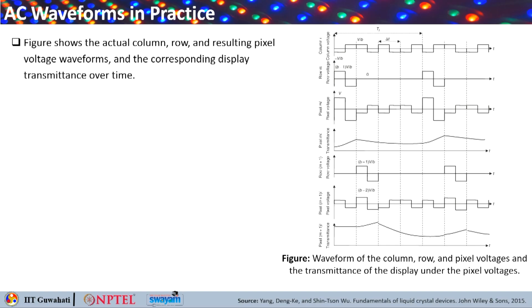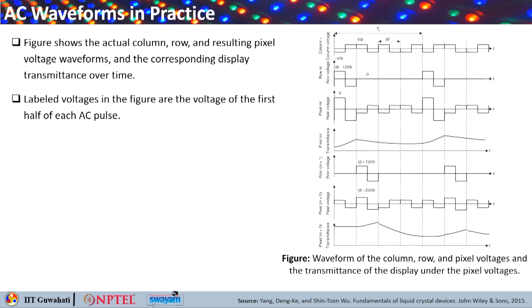So the figure here shows the actual column, row, and the resulting pixel voltage waveforms and the corresponding display transmittance over time. Here you can see the waveform of the column. This is column i, and then you have row M. The voltage is changing with time, the row voltage is also changing with time.